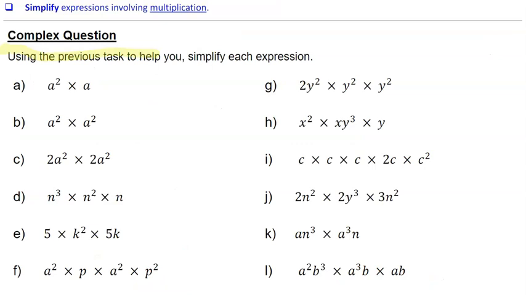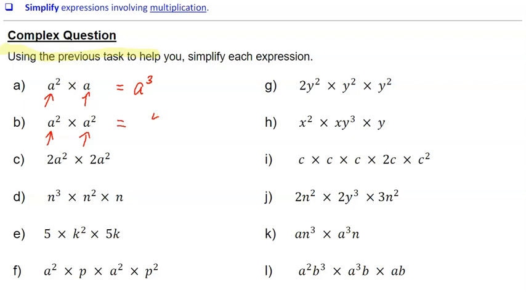When we look at this complex question and we have to simplify each expression, you can probably see how A squared times A makes base A index 3. So as you start to follow this pattern, you'll probably see 4 copies of A in this one.